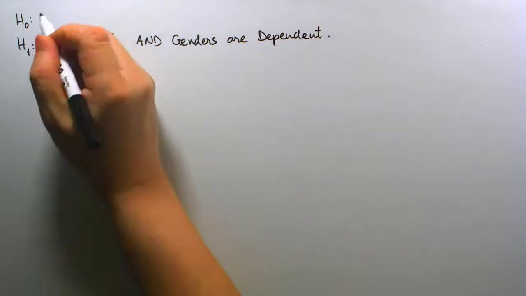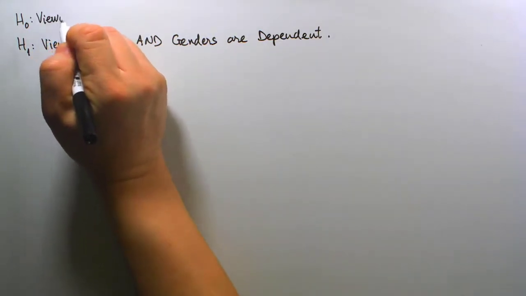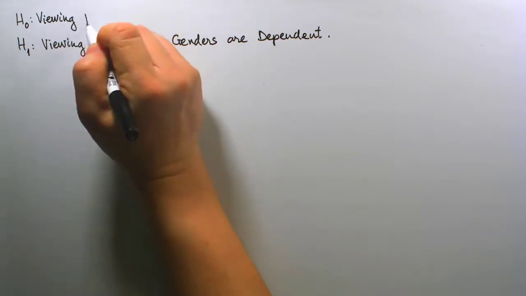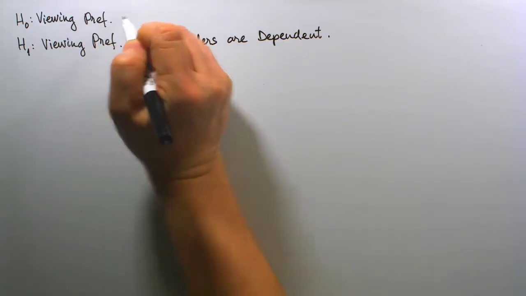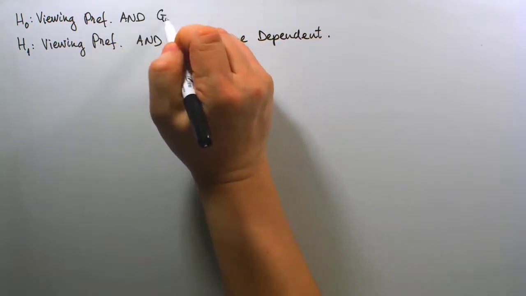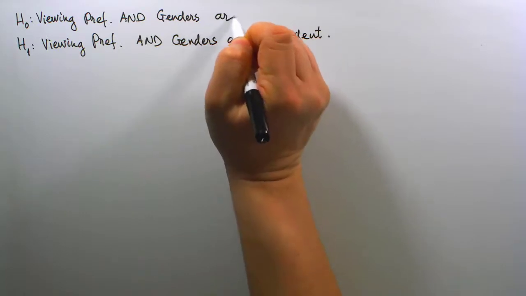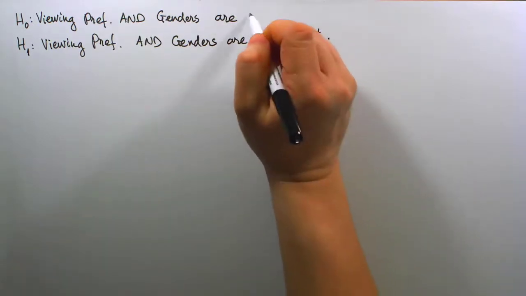And H sub 0 says viewing preference and genders are independent.